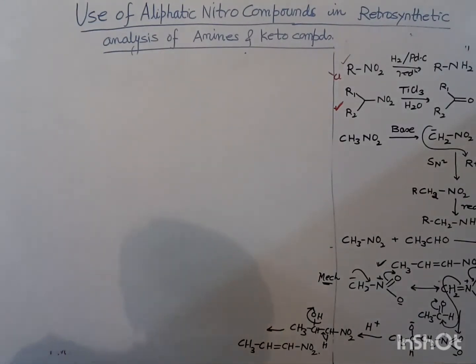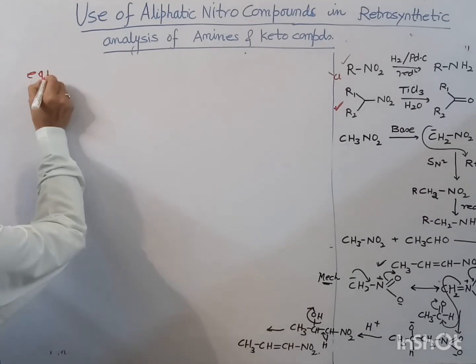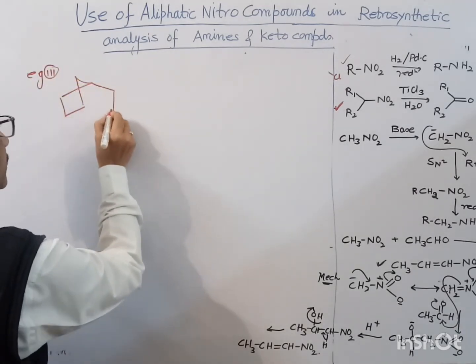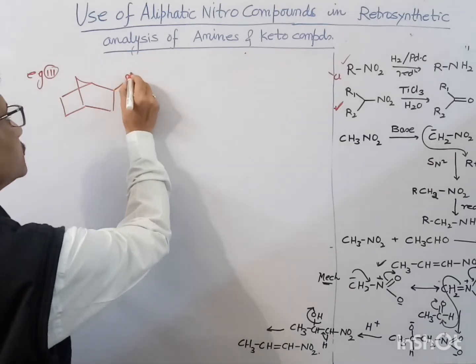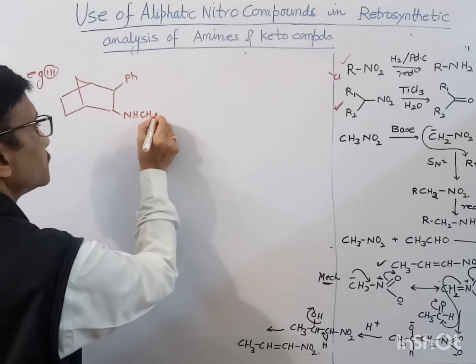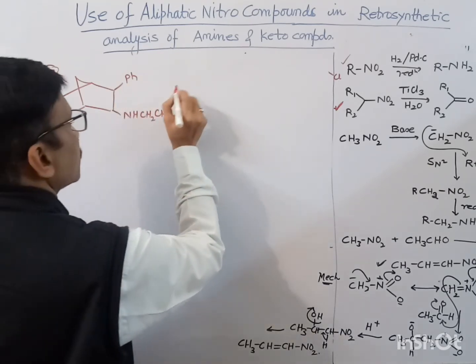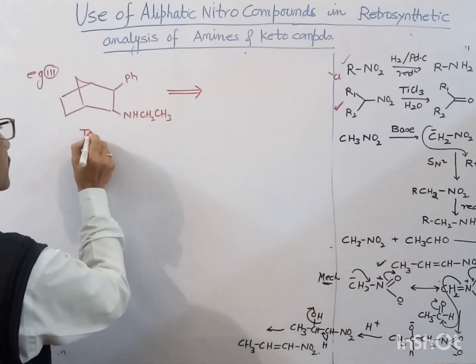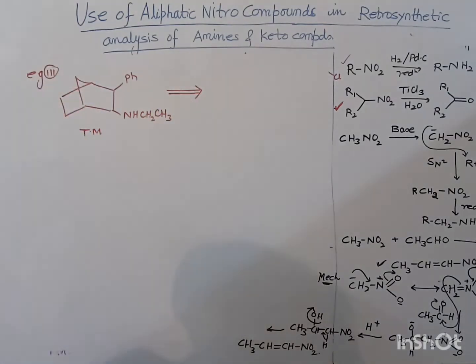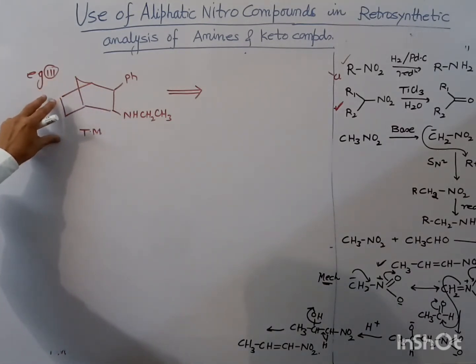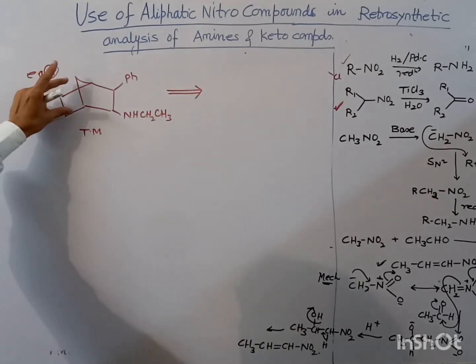Now let's take another example. Suppose we have a target molecule. This is your target molecule. Now if you want to disconnect it, this target molecule can be obtained from this part and this part.